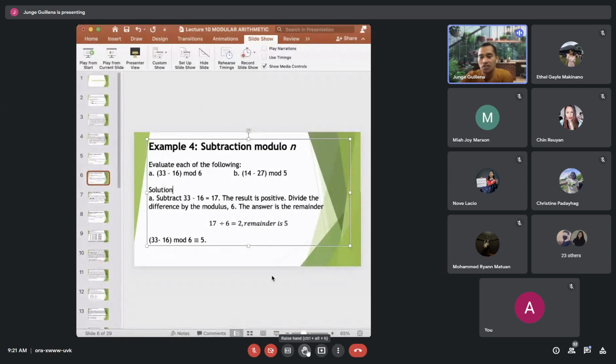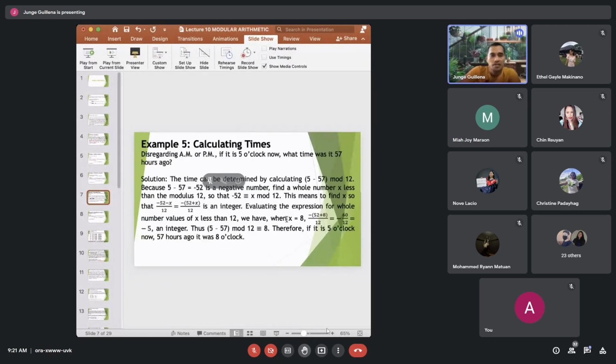Okay, so let us proceed to example 5, somehow related to letter B. This is regarding AM or PM. If it is 5 o'clock now, what time was it 57 hours ago? Since we are using clock arithmetic, it is modulo 12 arithmetic. Why?